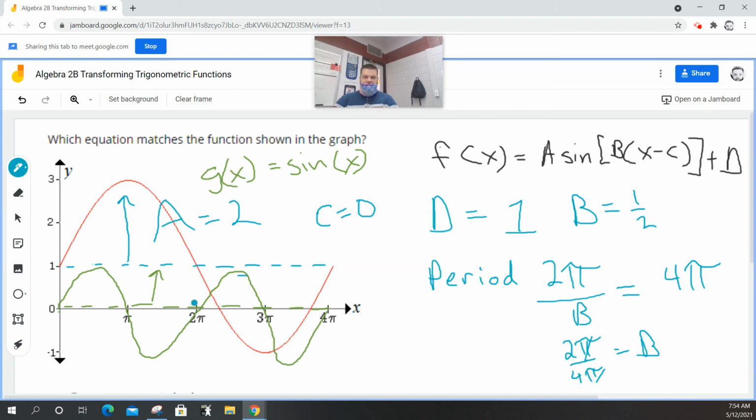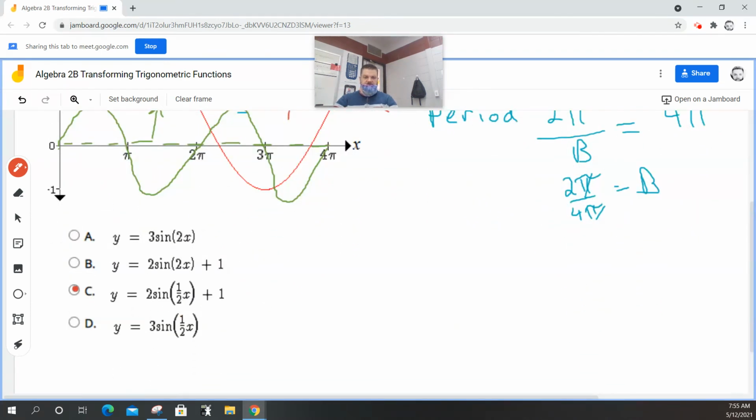So if I were to write this out, I could say y equals 2 times sine of 1/2 x plus 1, plugging in a, b, and d. Oh, there it is right there. That's it. That's all you got to do for that one.